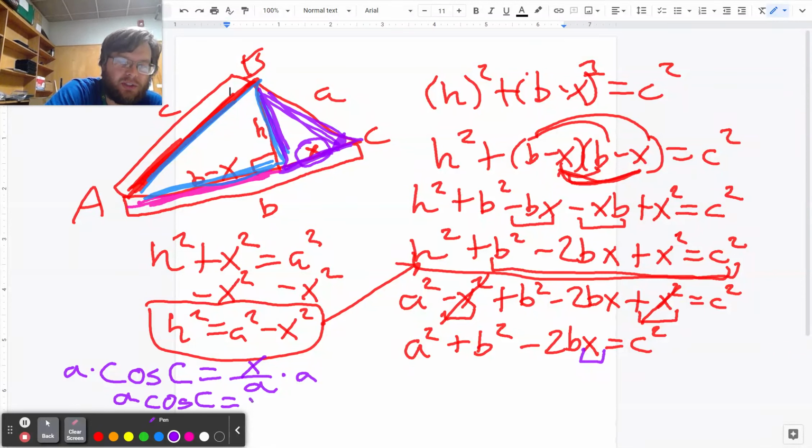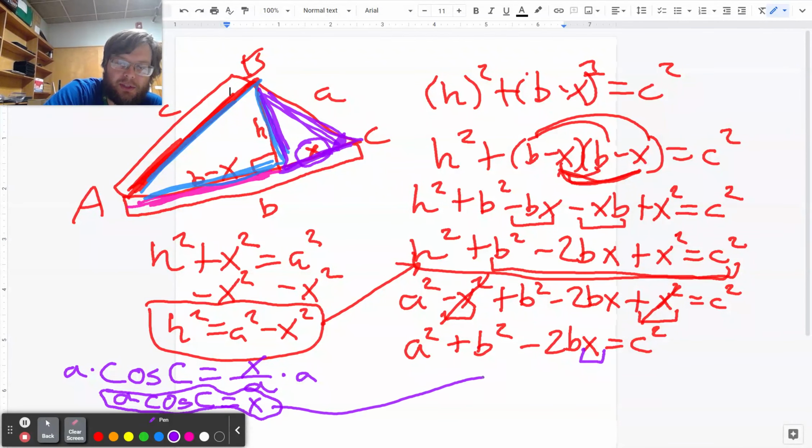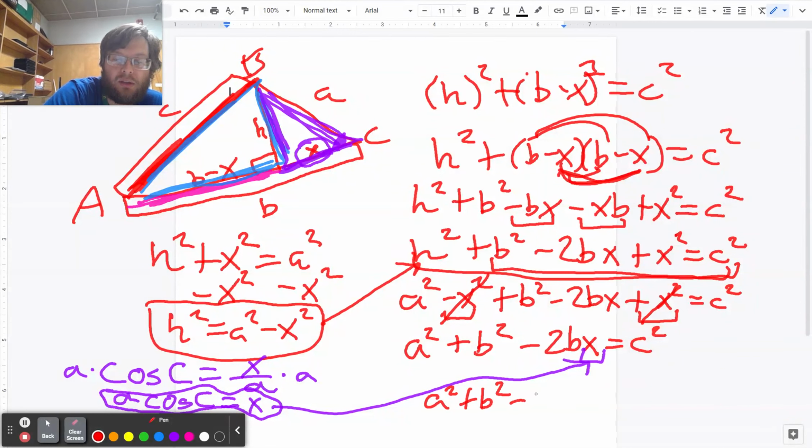A times cosine of c is equal to x. Just going to grab that and substitute it right in there. And then we get the cosine rule. A squared plus b squared minus 2ba cosine c is equal to c squared.